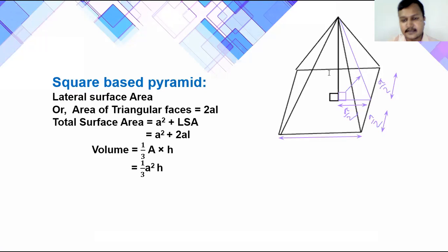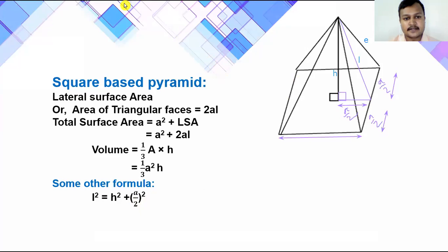This vertical one is H. This slanted one is L, and this outer line is E. So in this inner triangle, using Pythagoras theorem, L square is equal to H square plus A by 2 square. Hypotenuse square is equal to perpendicular square plus base square. From that, we get the formula L square is equal to H square plus A by 2 square.